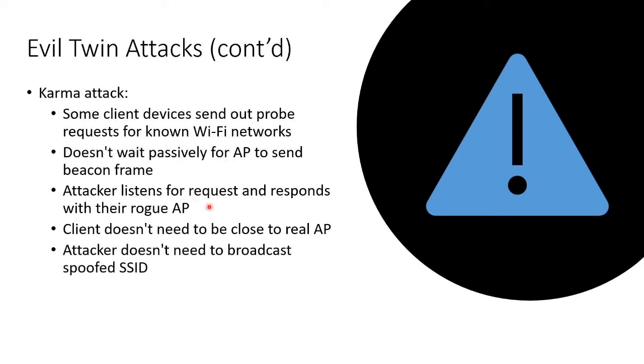We just listen for those requests and we respond saying, oh yeah, that's me. The client doesn't even need to be that close to the real AP, and the attacker doesn't need to broadcast any spoofed SSID. So we're just waiting for clients to say, hey, is that WAP out there? And you just say, yeah, over here, even though you're lying.